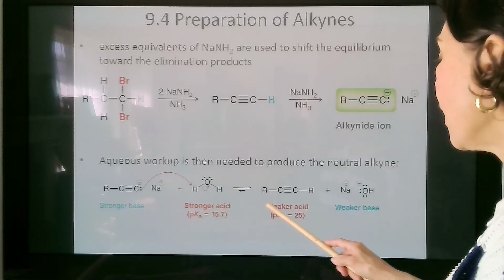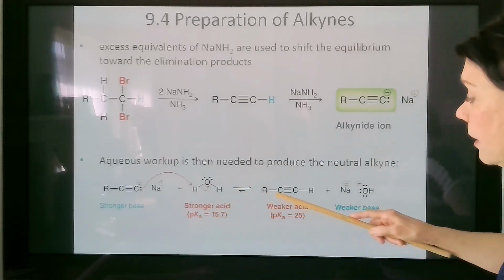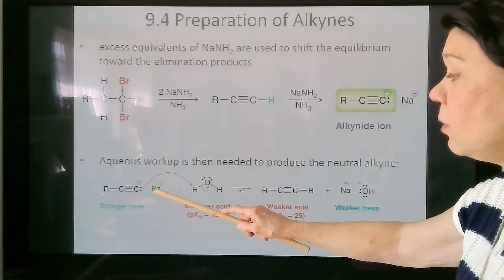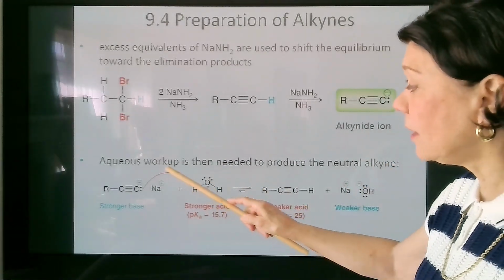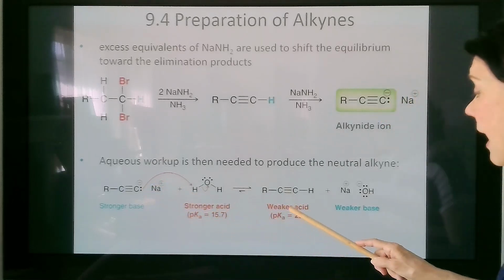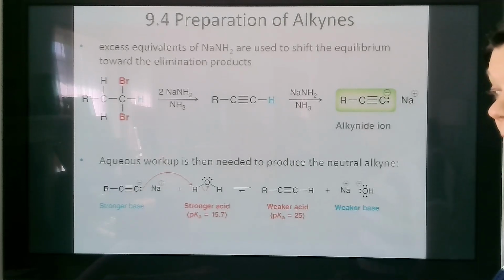And so this is very, very common. And this sort of step is often in a synthesis where you wind up with the anion and you have to add a little water to protonate the anion and get the desired alkyne.